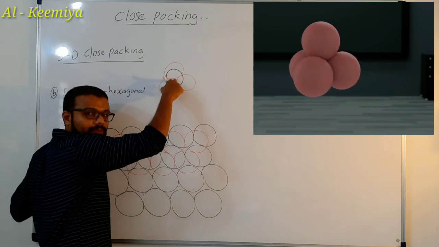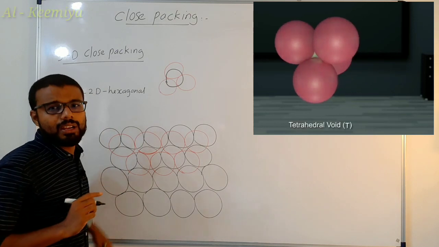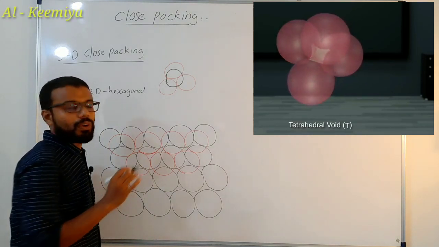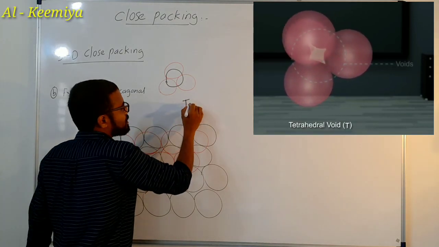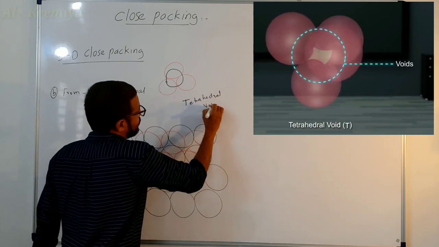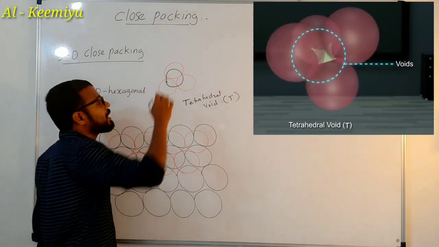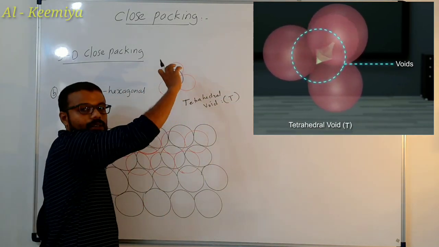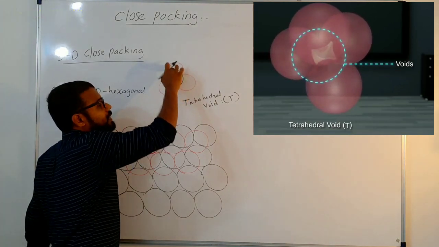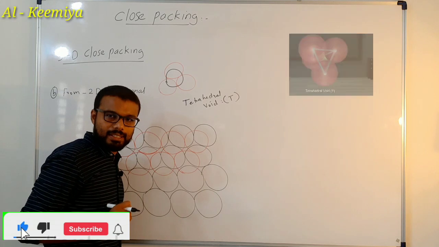Now this gap is called a tetrahedral void, represented by the letter T. Why is it tetrahedral? If you connect the centers of these four spheres, you will get a tetrahedron.